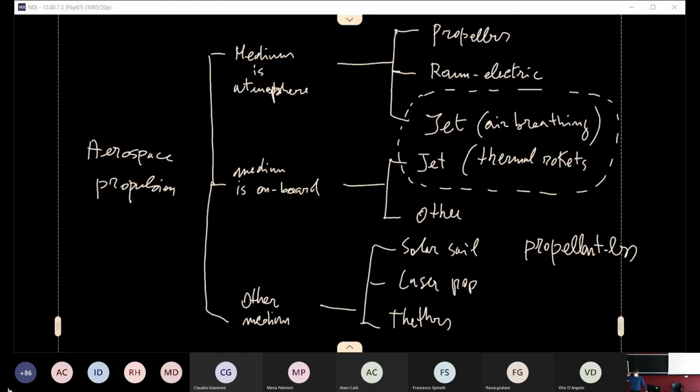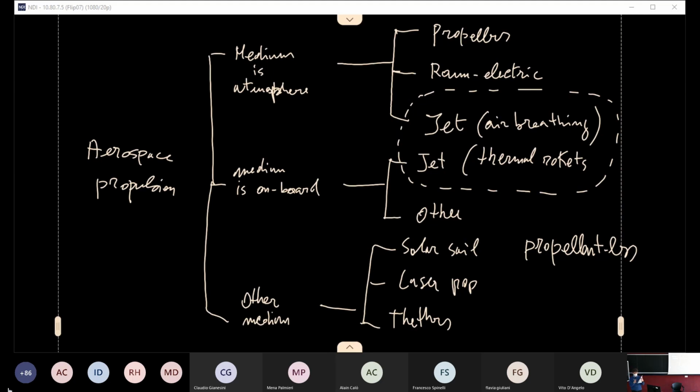But if we are imagining to exploit a propulsion device for the flight in the atmosphere for a launcher, probably we have to keep in mind also the solution of ramjets or scramjets. Ramjets have moved to a range of Mach numbers higher than turbojets.